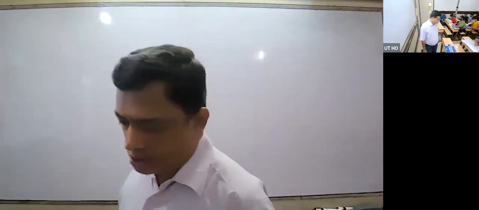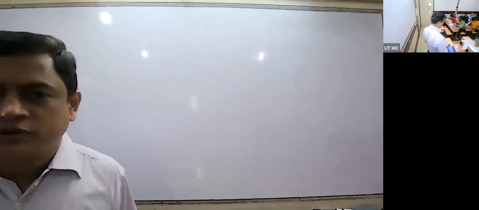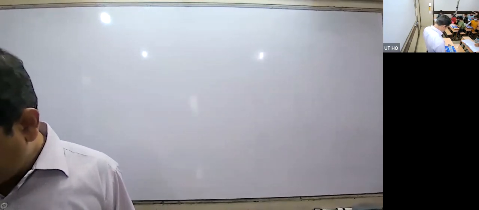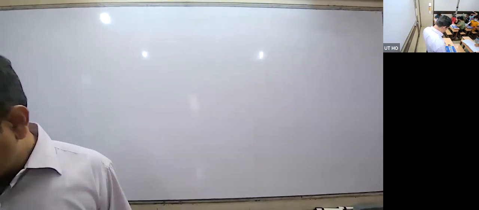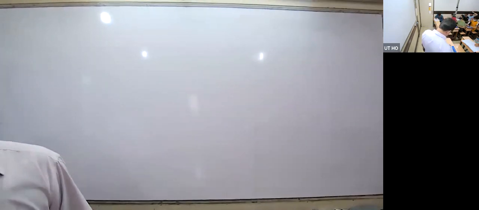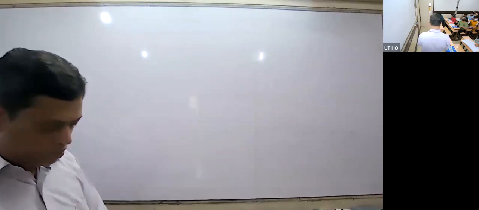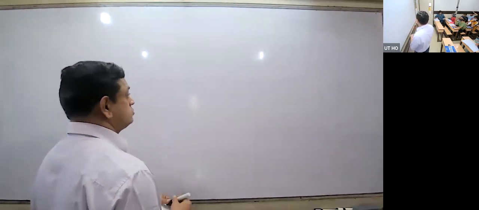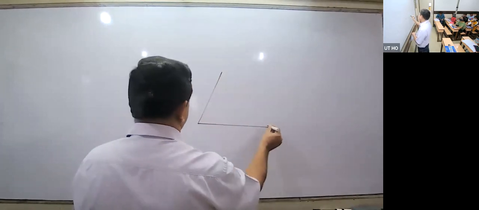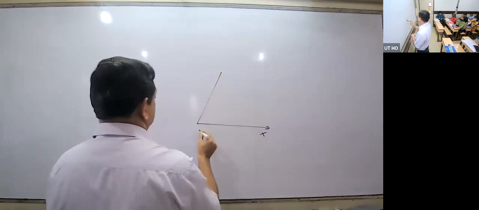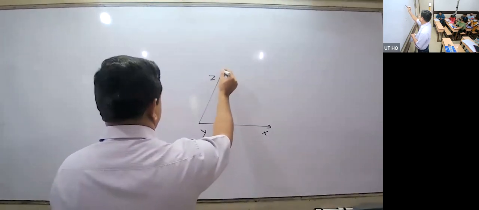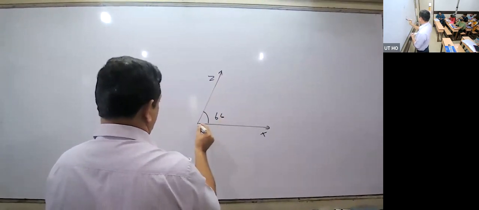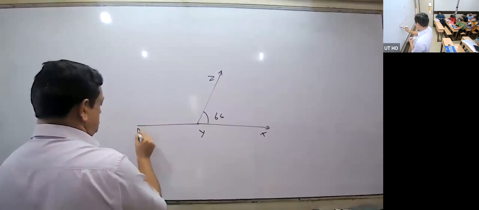What happened to this one? Last question. What is it? If angle XYZ is equal to 66, XY is produced to P. Have you followed this?